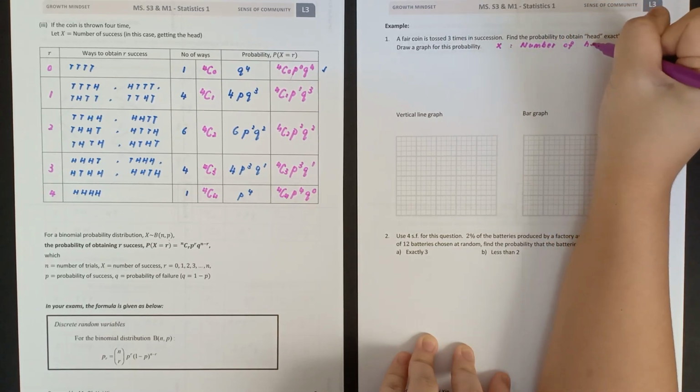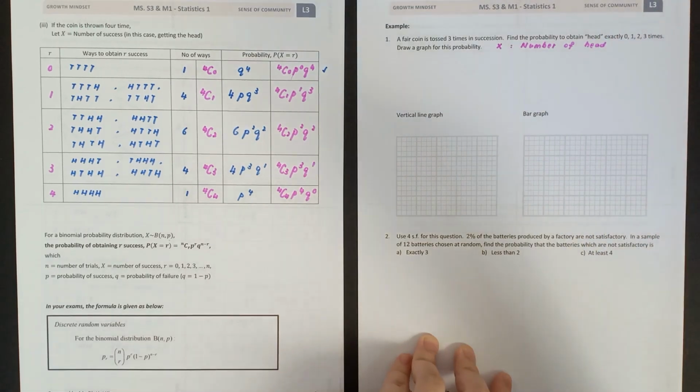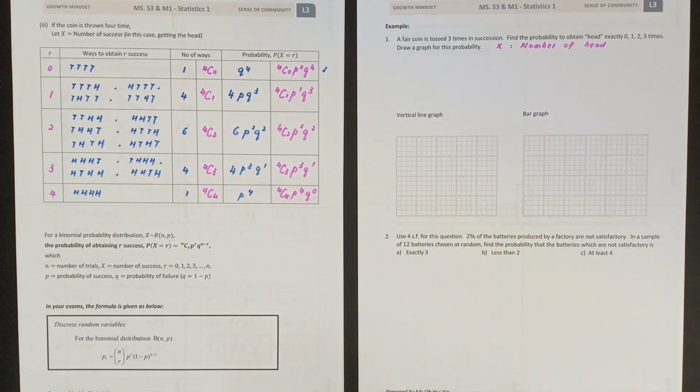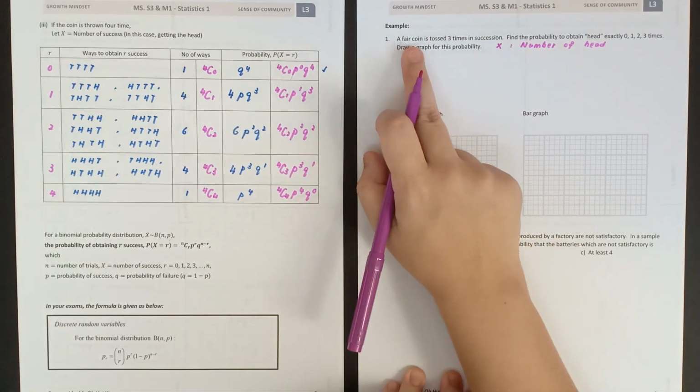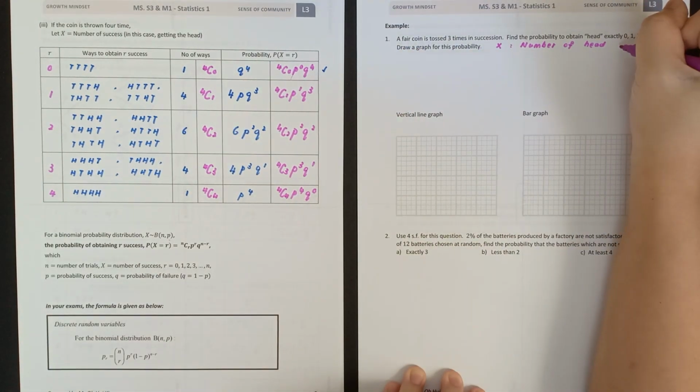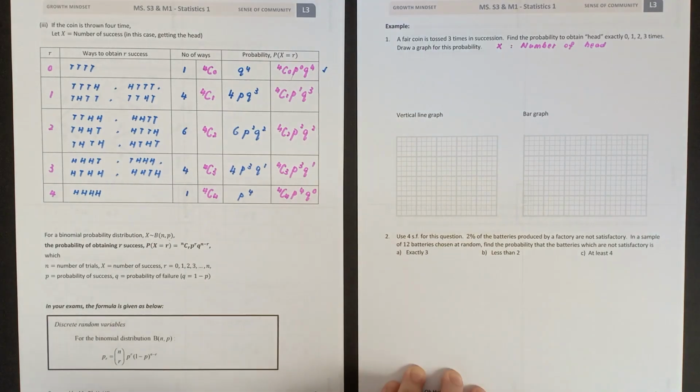So the number of heads is our preferred event, so we set the probability of success to refer to the number of heads. This is a fair coin, so the probability of getting a head is 1 over 2.